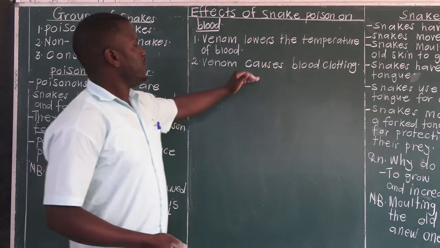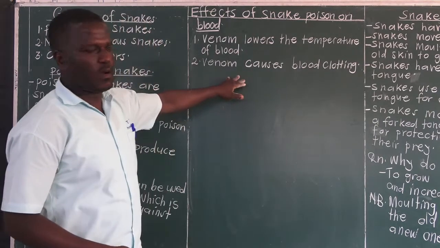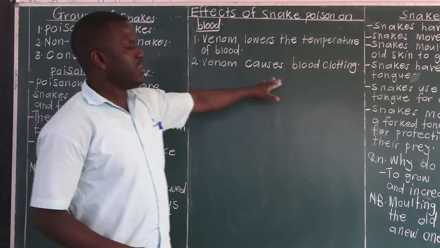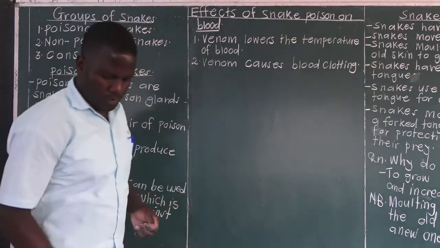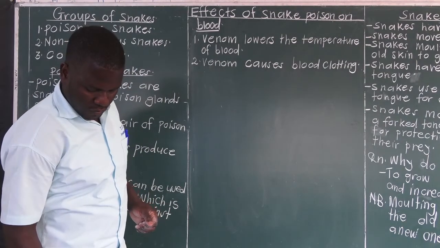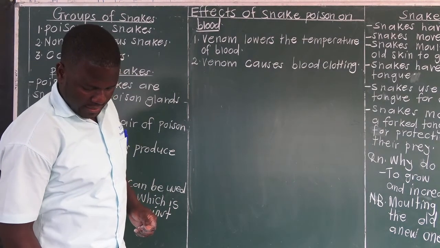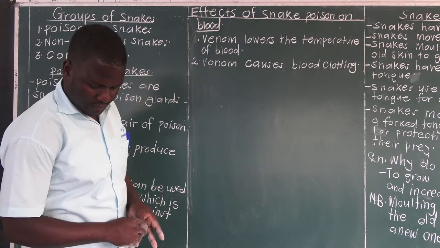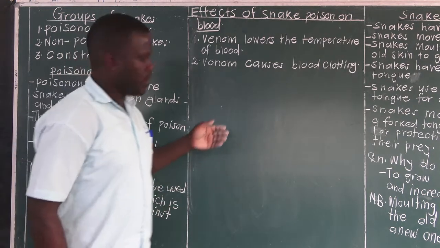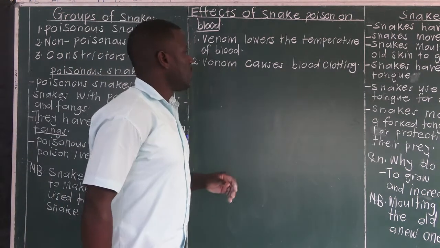So when venom comes into contact with your blood, it will clot, or it will change into solid. And that's the effect of venom on blood.